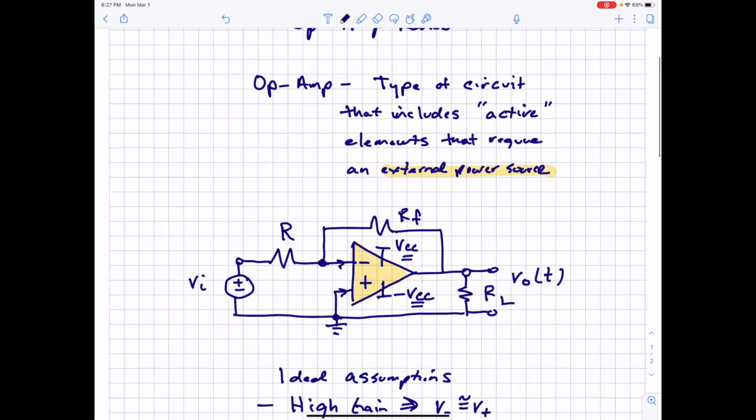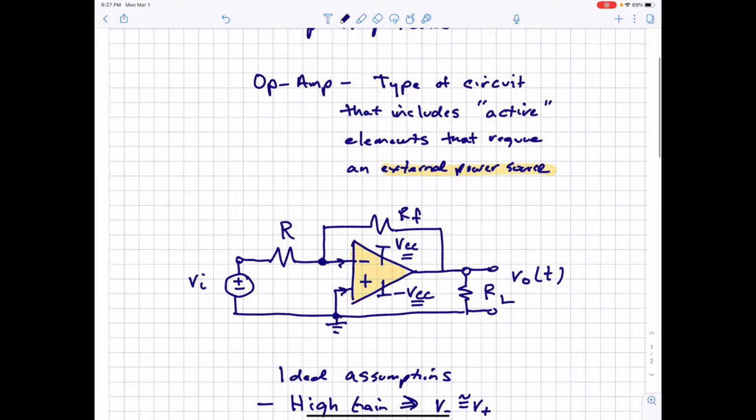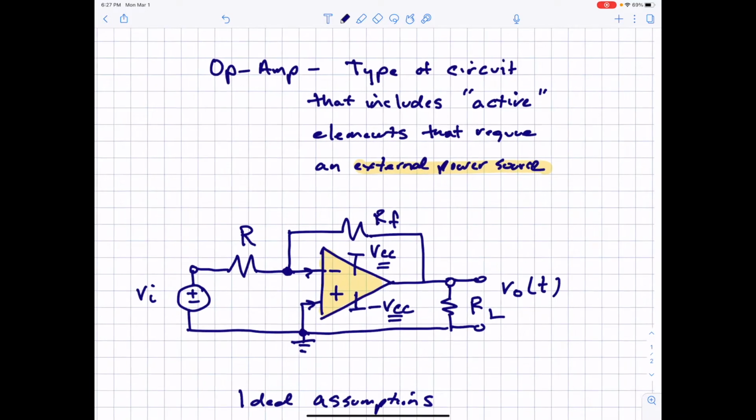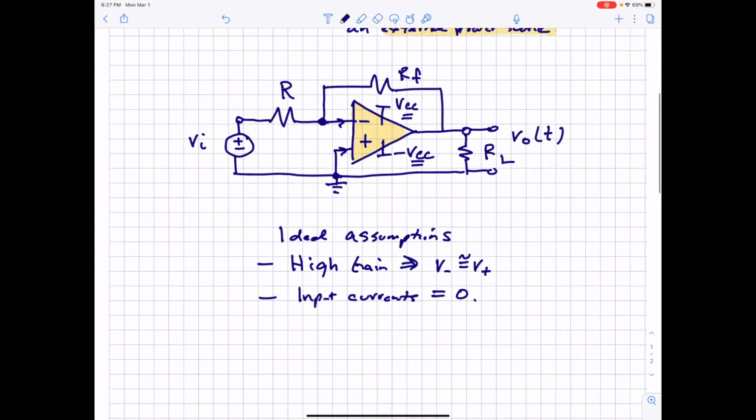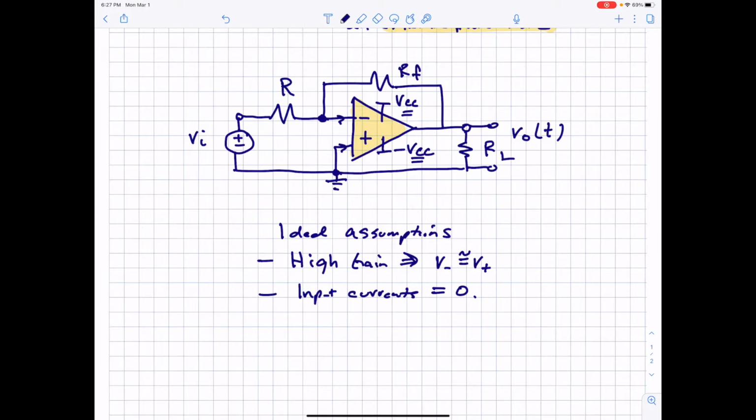The main things you need to know to get to where you can do some calculations with an op amp circuit are the ideal assumptions. The gain of this circuit between the input terminals is really large. If you put a very small voltage between here and here, it would produce a really large voltage on the output. In fact, it would drive it up to the rails of the power supply.